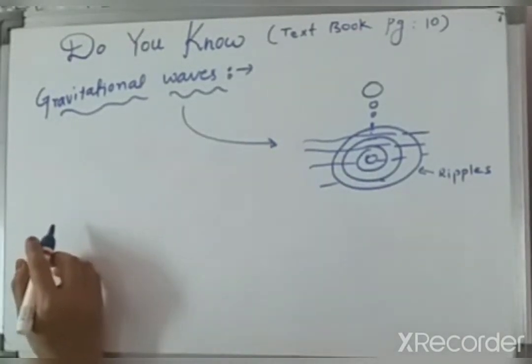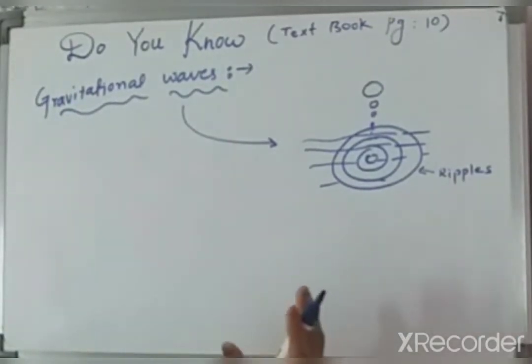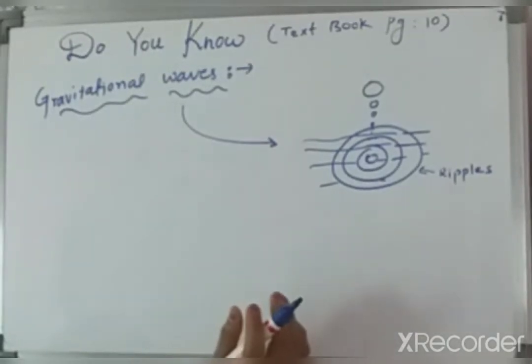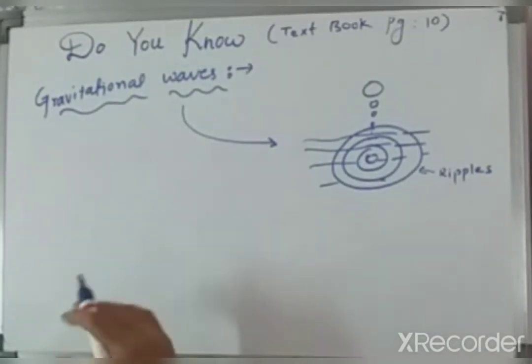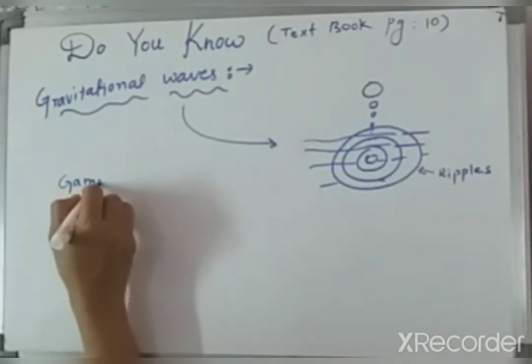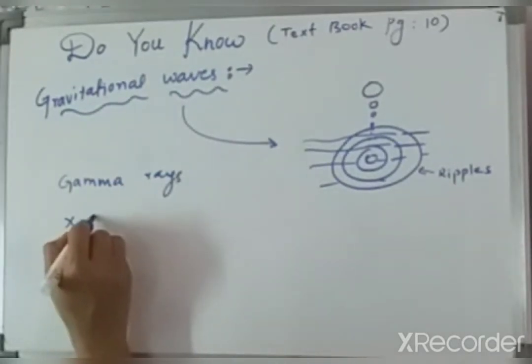We also know about light rays. Light is nothing but a form of energy, and light is also called electromagnetic waves. The different types of waves are like gamma rays, X-rays.